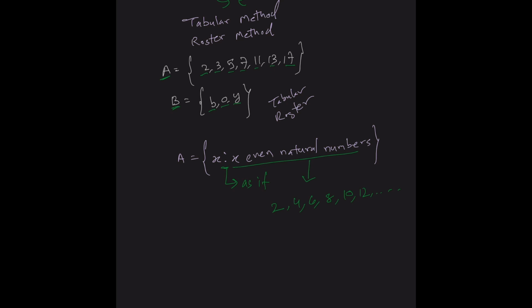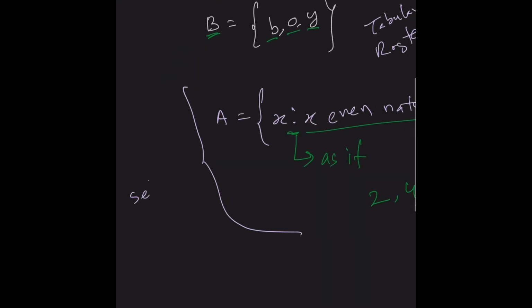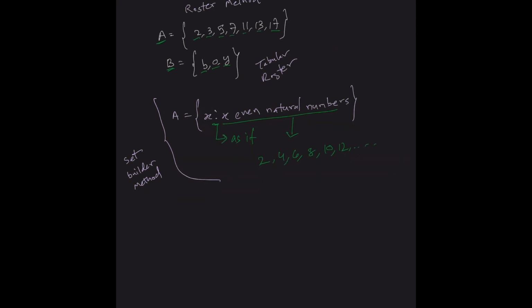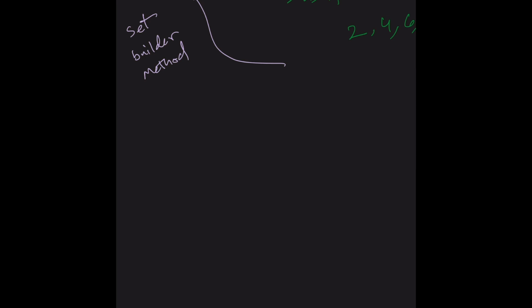So this is another way of representing a set, and this way is known as the set builder method. So what do we have up to now? There are two ways of representing a set.